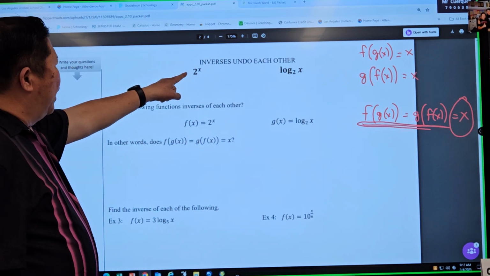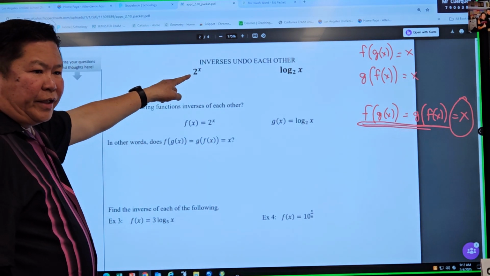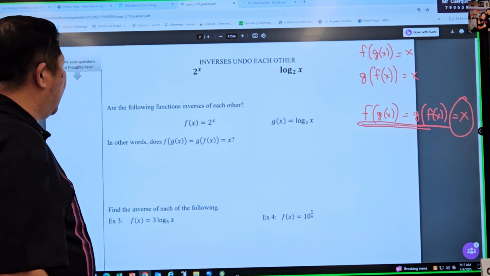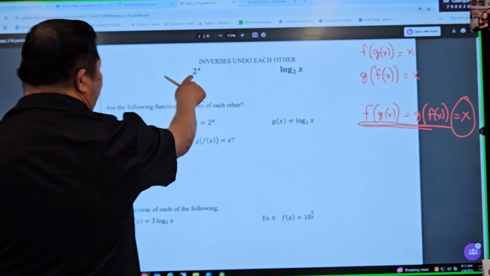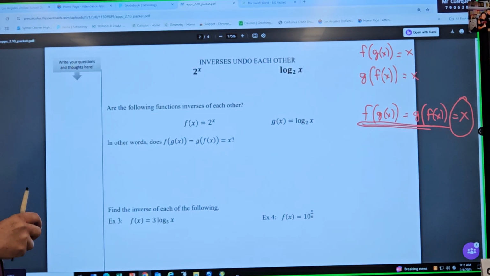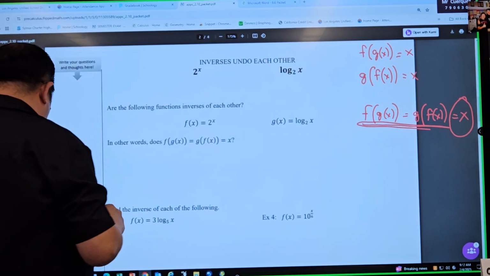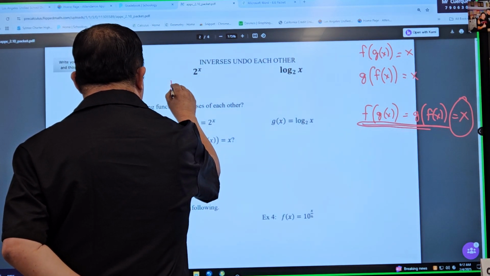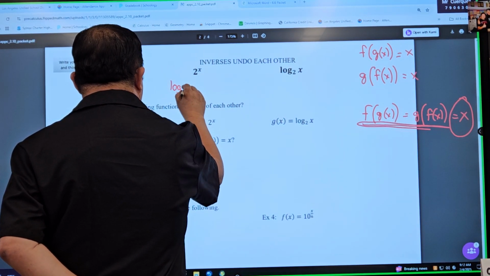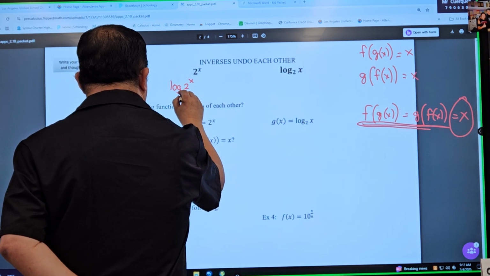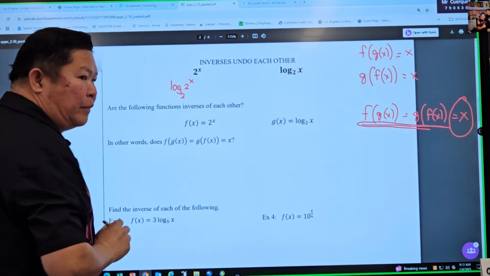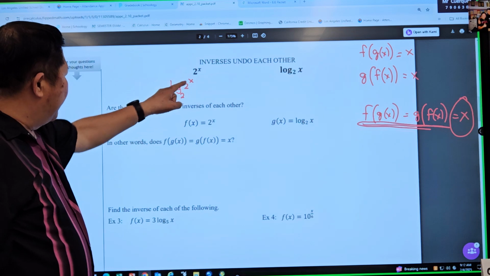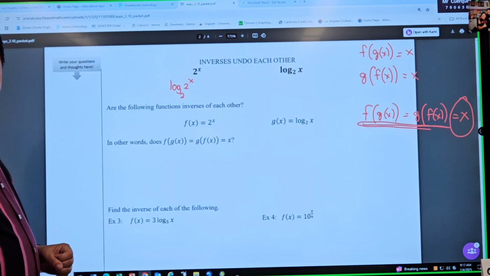To undo this one, we know that this is exponential, right? So what is the base of this? The base is 2. Therefore, we can do log of 2 to the power of x, base 2, because the base right here is 2.